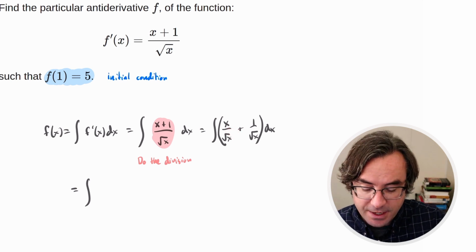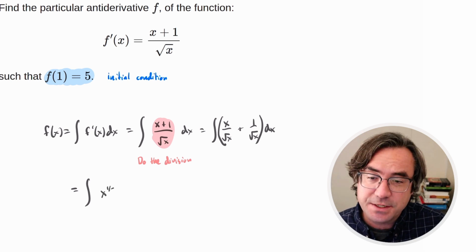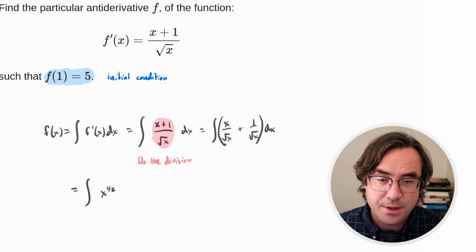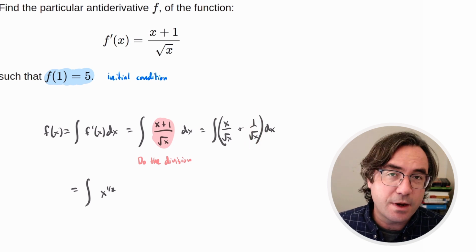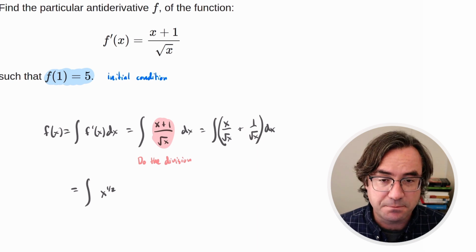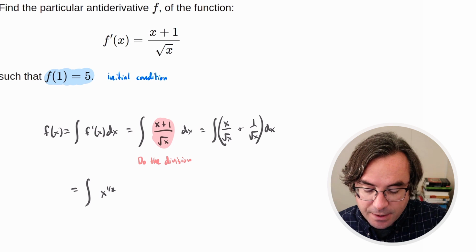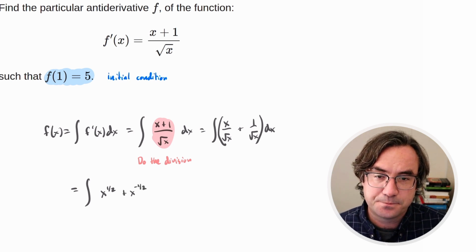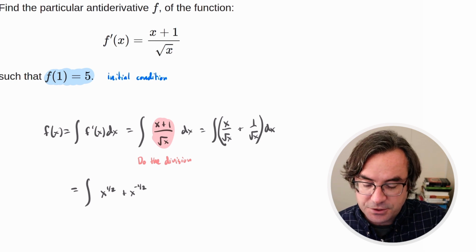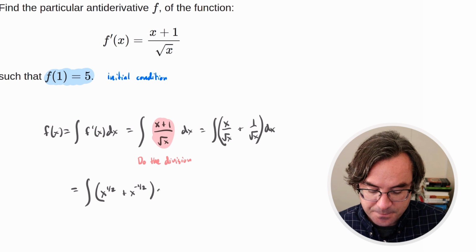So if we subtract the exponents, we have just x raised to the positive 1/2. And over here, we can rewrite that fraction using a negative exponent. So we end up with plus x raised to the negative 1/2. All right, so we've simplified.